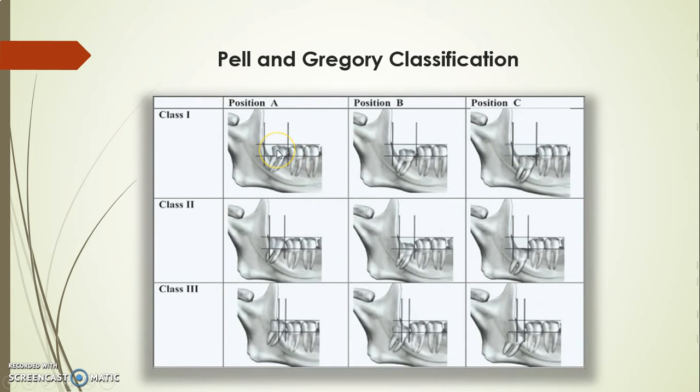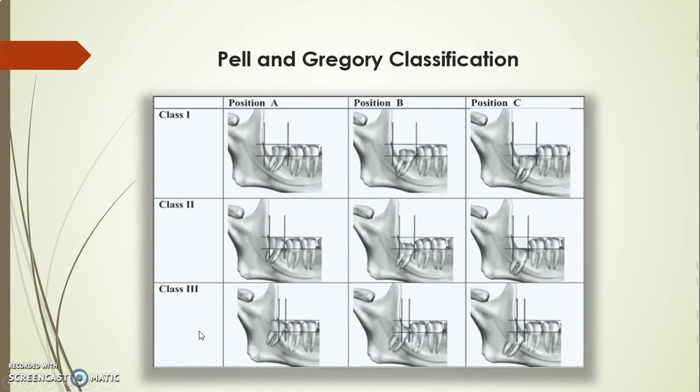However, at this point the tooth is fully erupted, so the occlusal plane of the crown of the third molar is at the same level as the occlusal plane of the second molar. Here, no, it's a bit lower, so it's going to be position B, and here in position C, it means it's below the cervical line of the second molar, but this whole row belongs to class 1. Same thing goes for class 2 and class 3.